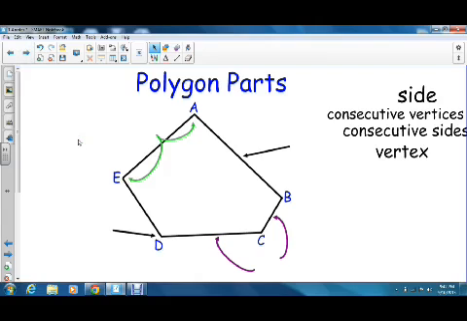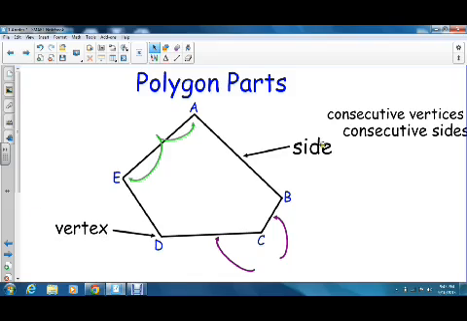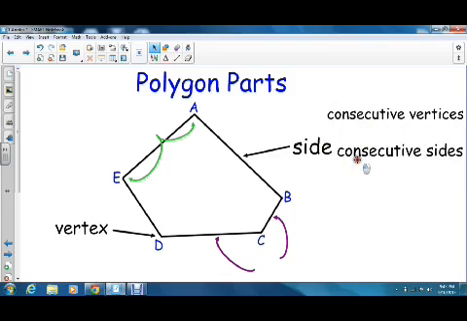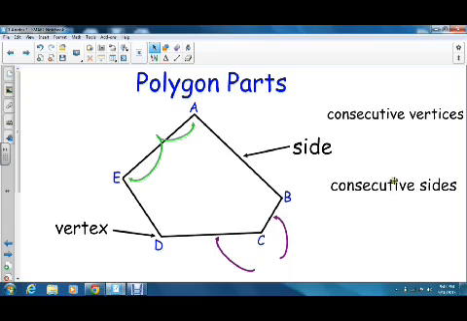All right, we've got some different parts we need to talk about. We talked a little bit about what a side is. So, for example, AB is a side. We talked about a vertex, which would be, for example, angle B. In these next couple, you might have seen these terms before: consecutive. You might have seen that in an English class. All that consecutive means is it's right next to it.